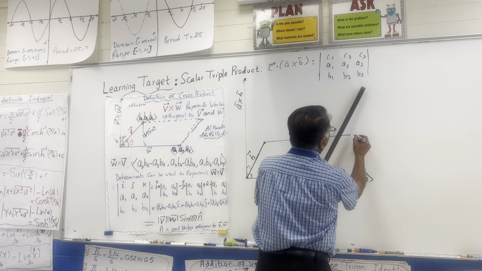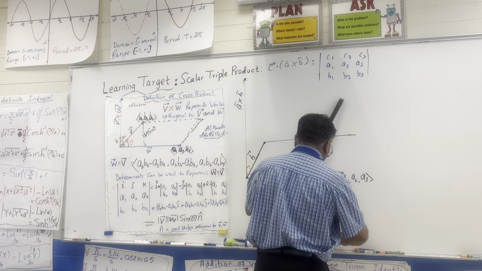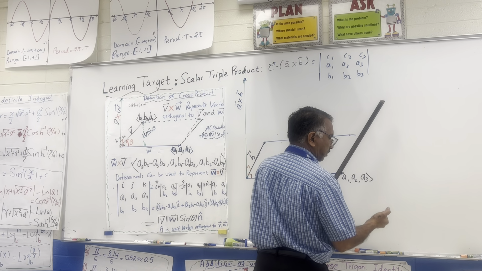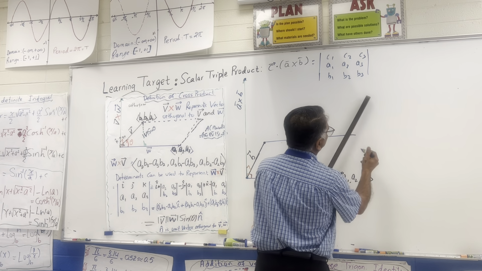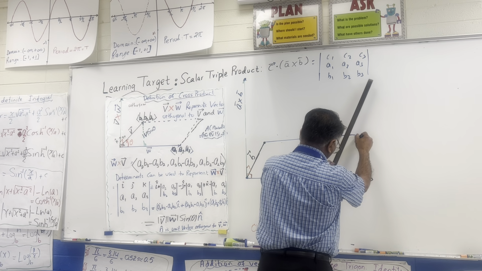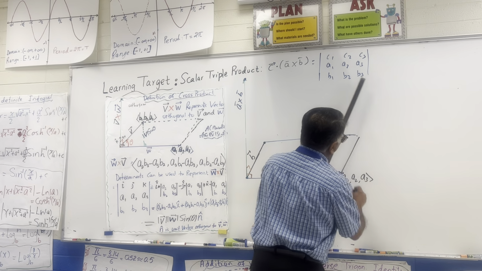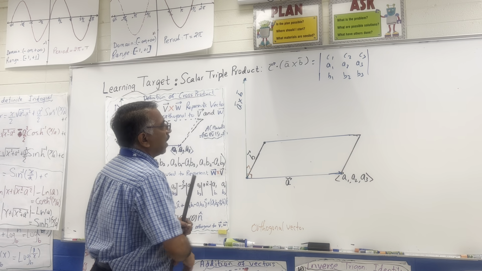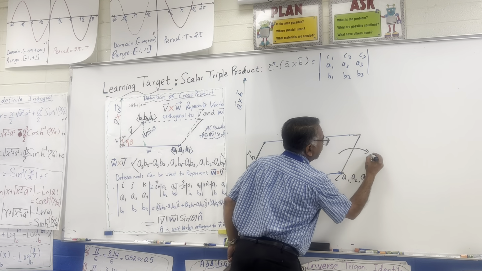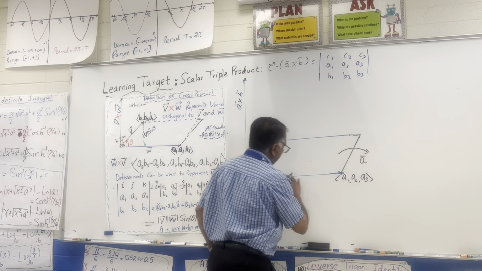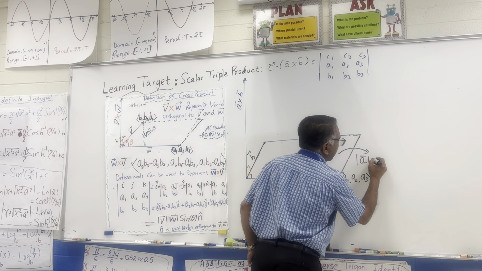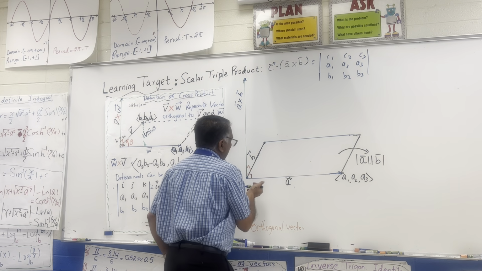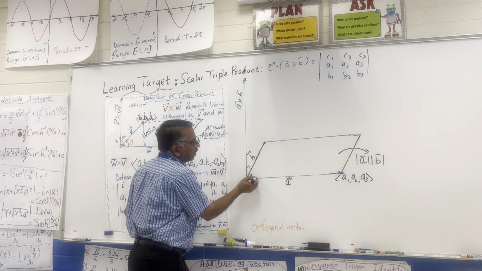Then join this. And this area, we have seen that it is the magnitude of vector A, times the magnitude of the second one, this one, and the angle, let's say this is theta.